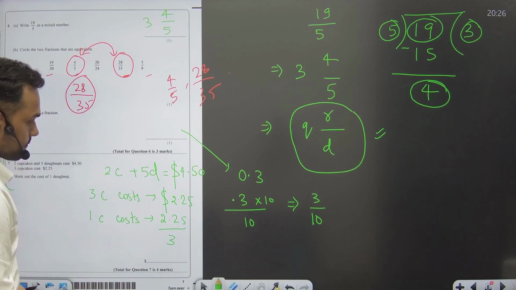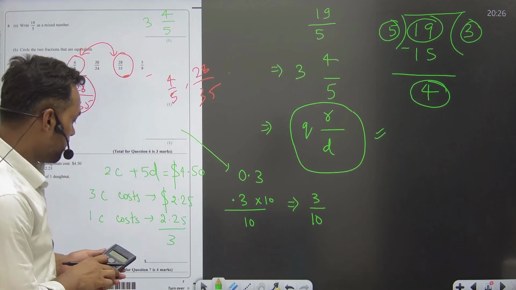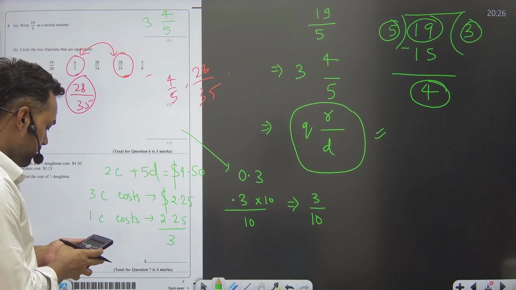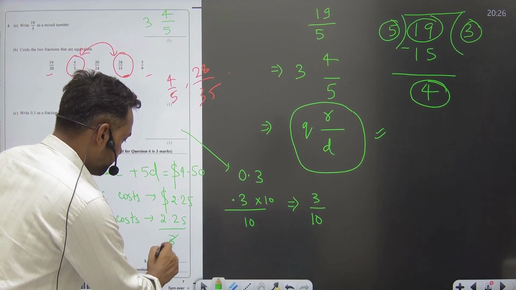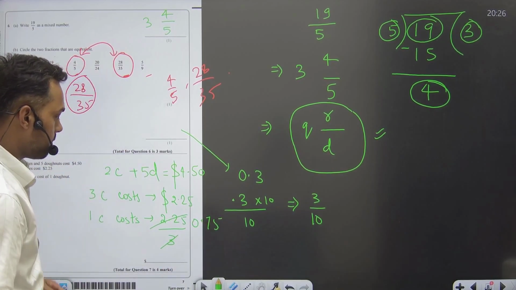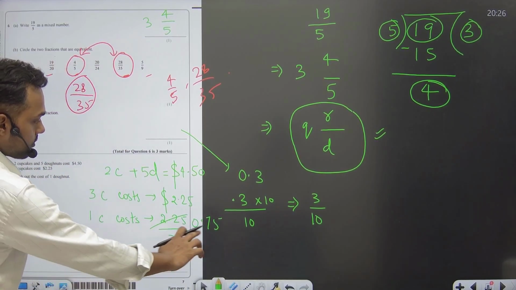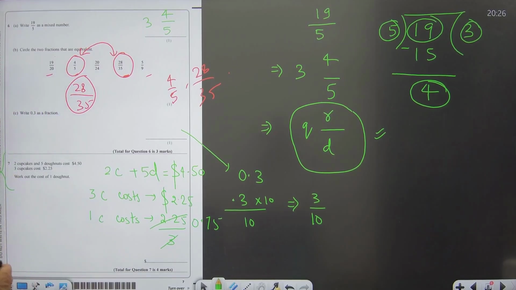This is the unitary method. We divide by 3, so you'll get 0.75. So one cupcake costs $0.75.